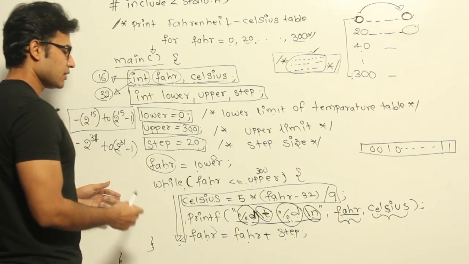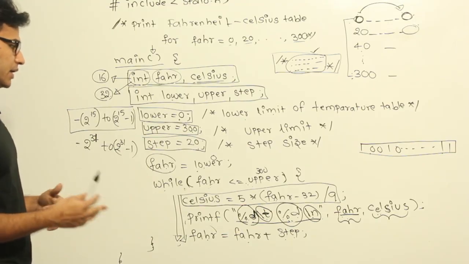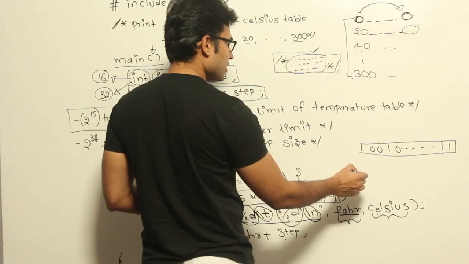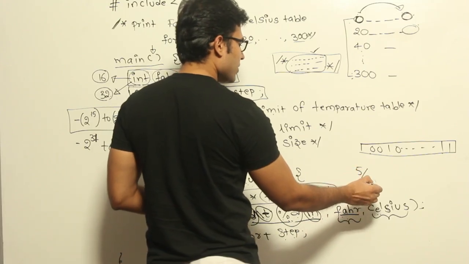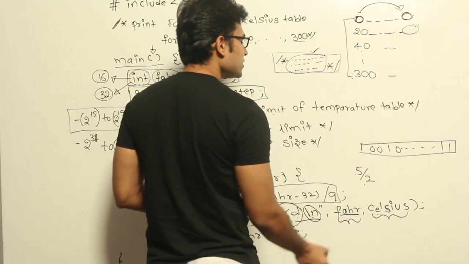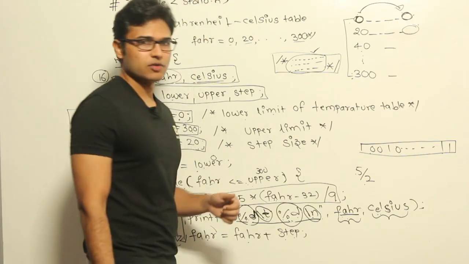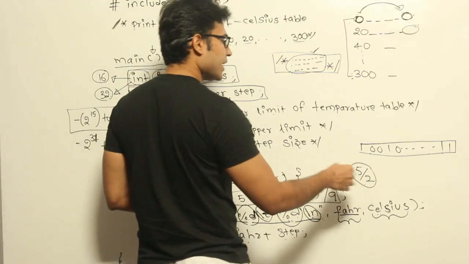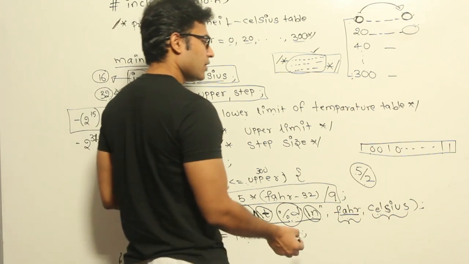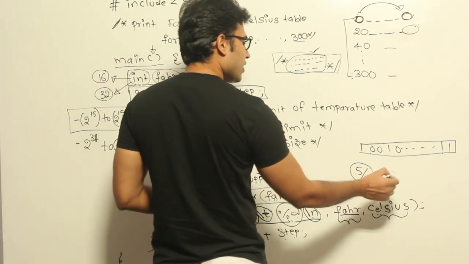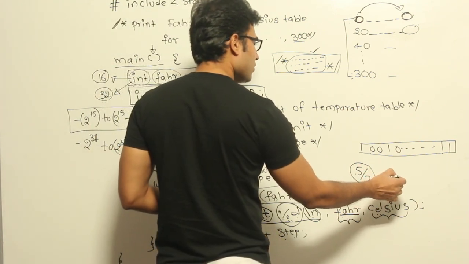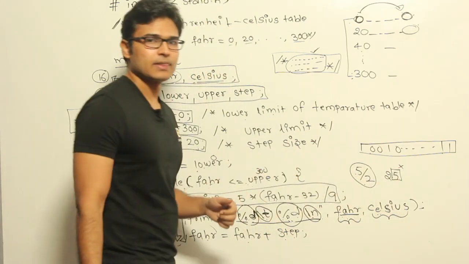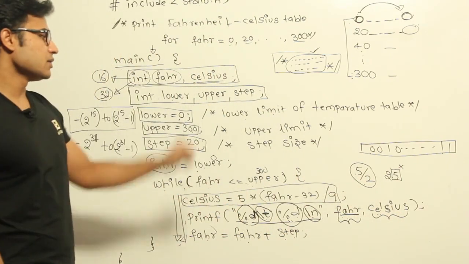Okay, we shall see there is something called truncating. When I do integer division, if I do 5 by 2 and these two are integers, then the result is automatically an integer. We shall see the rules used by the C programming language later, but for now understand that even though 5 by 2 should be 2.5, the 0.5 will be truncated completely, and you are only going to see the integer values.